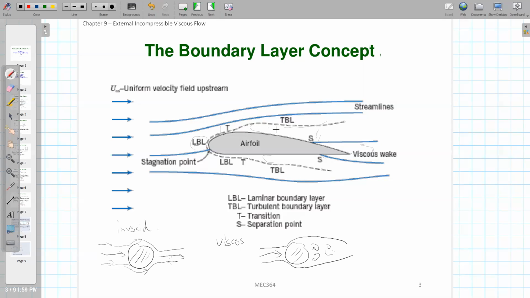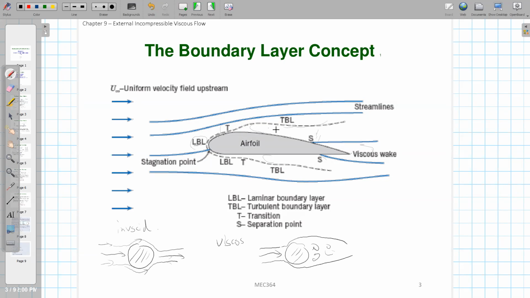The velocity inside that layer will have a large gradient. At the wall it will be 0 because of the no-slip condition, and then at the boundary of this boundary layer, it will change to a value close to the free stream velocity. This is called the boundary layer. This is the first thing I want you to know.